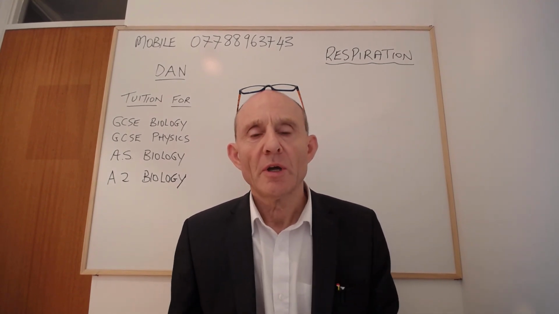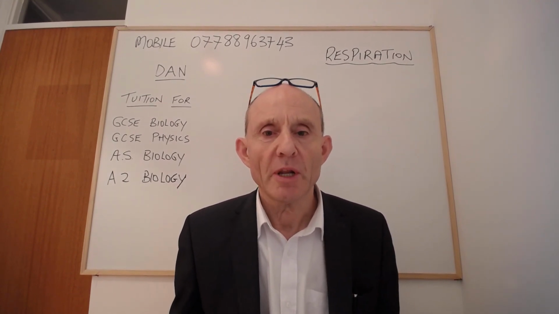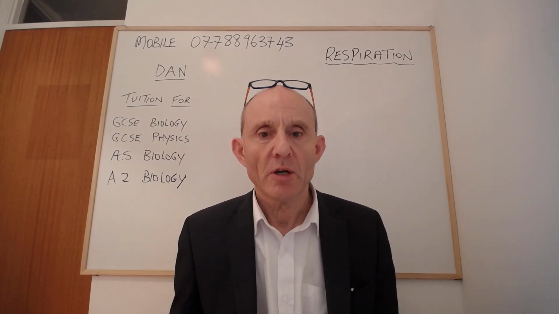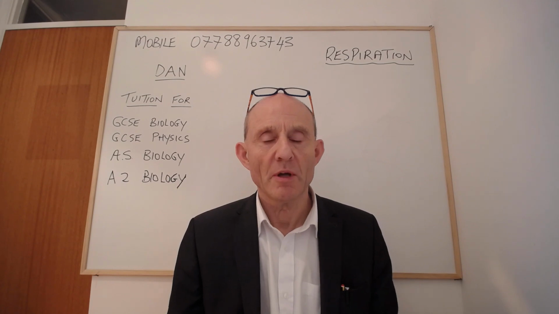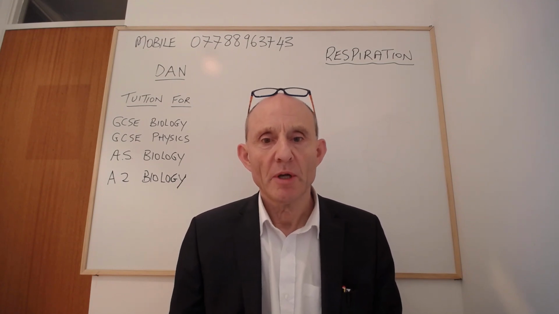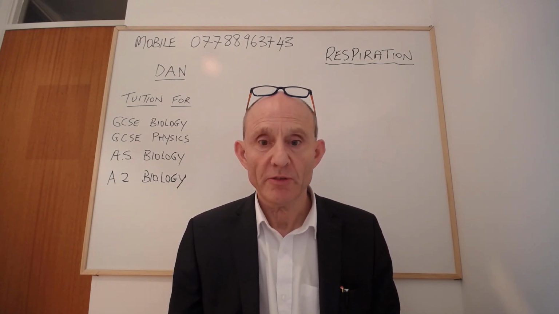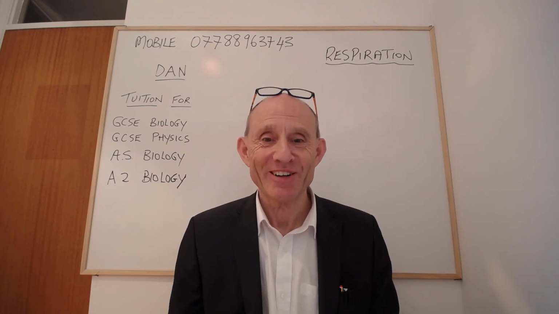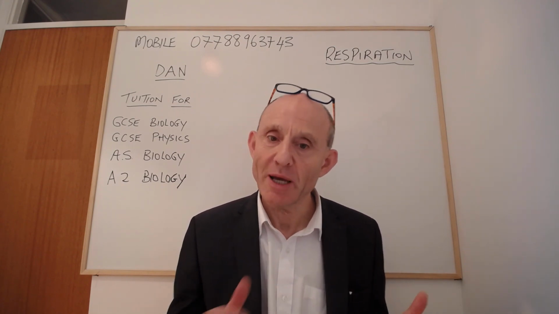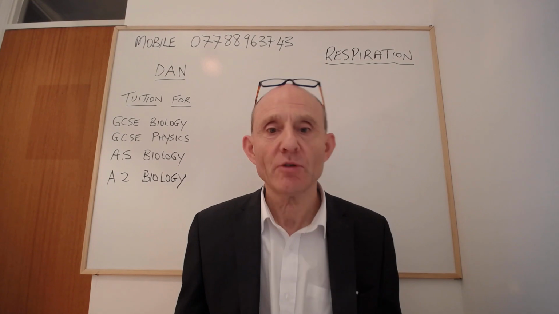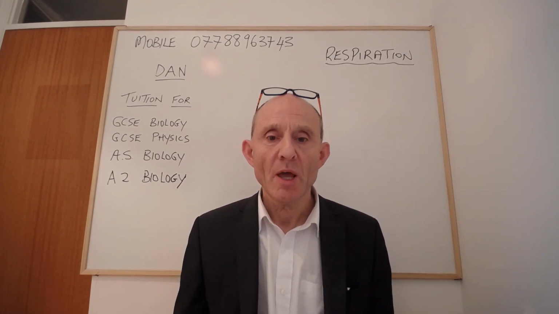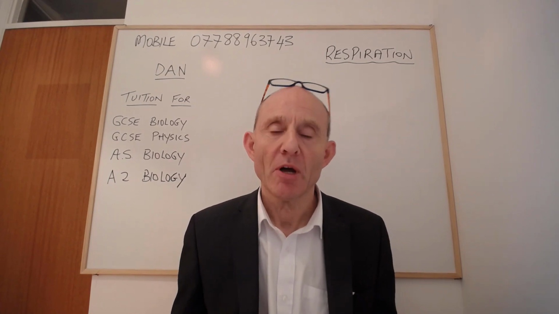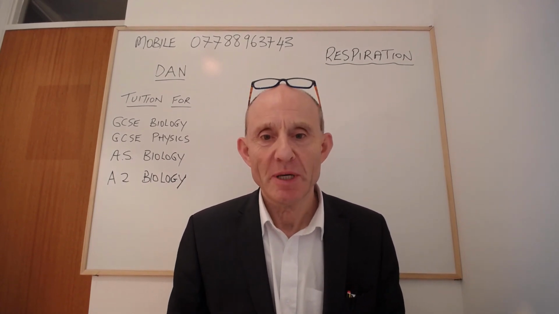You need to know that in the very first step, there's an input of ATP. In other words, ATP molecules are required, and in the very first step, you have to put in 2 ATP molecules. So this is a bad start to glycolysis. The cell's having to supply 2 ATPs to get the process going, as it were. Then in the very last step, you get 4 ATPs made.